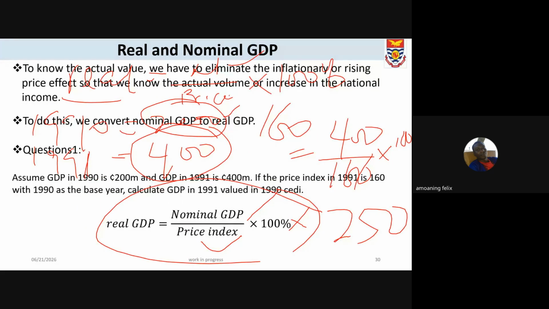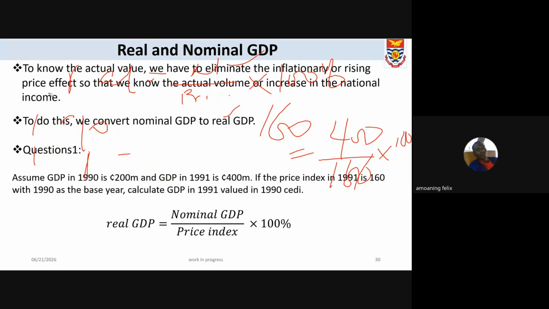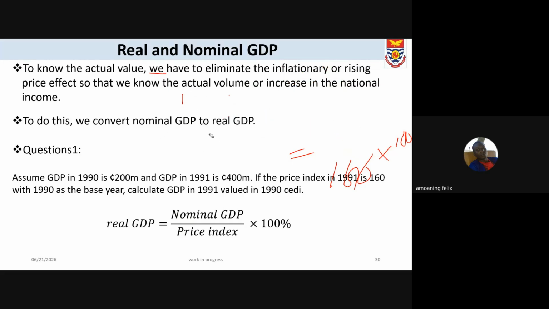Who can tell me something about this one? I told you that your price index is the same as your GDP deflator. Have you seen the relation? Even if I had not given you that formula, I think you can deduce it from here.